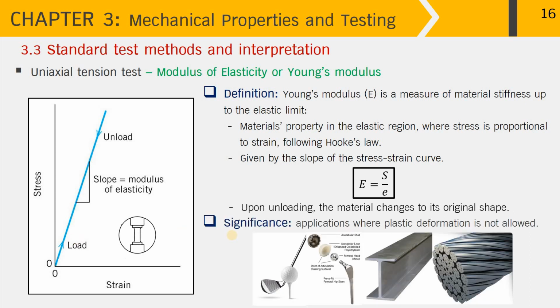Some engineers unfortunately ignore this property, but I will tell you that it is quite significant. For example, for applications where plastic deformation is not allowed, imagine when you use this steel beam or steel wire rope.